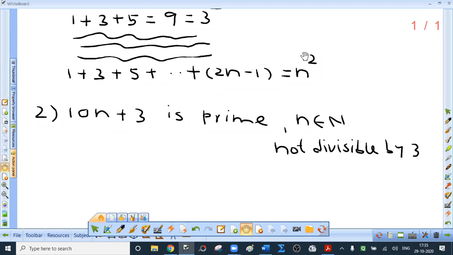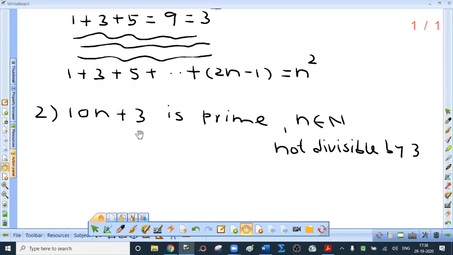I cannot take n equal to 3 because I'm saying n natural but not divisible by 3. So take n equal to 4. 40 plus 3, is 43 a prime number? Yes. Take n equal to 5. 53 is a prime number? Yes. So we are tempted to conclude that 10n plus 3 is always prime if n is a natural number but not divisible by 3.